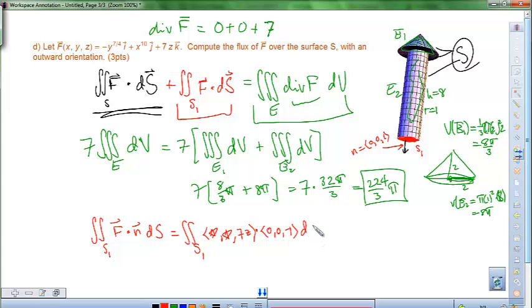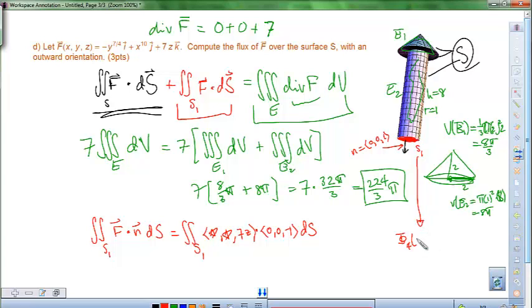But remember that this is a double integral, so we need to identify our parameterization so we can replace z with that. So let's call this parameterization, I think those three surfaces were 1, 2, and 3, so let's call this 4.